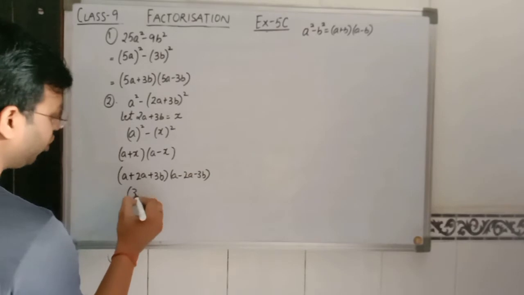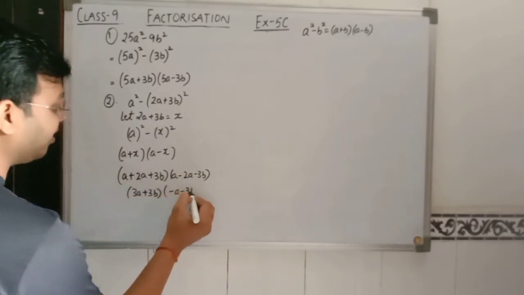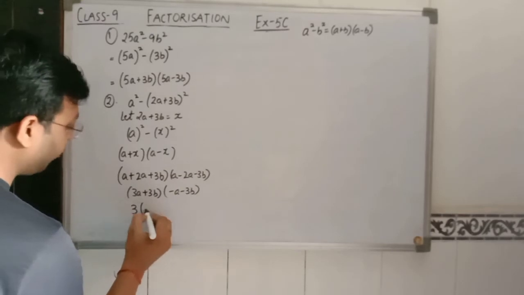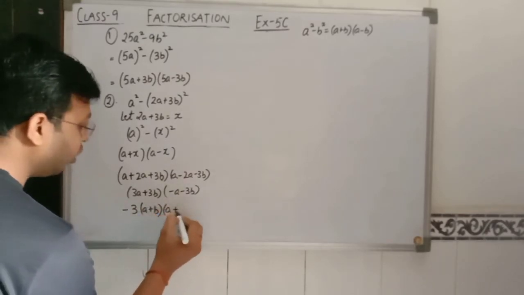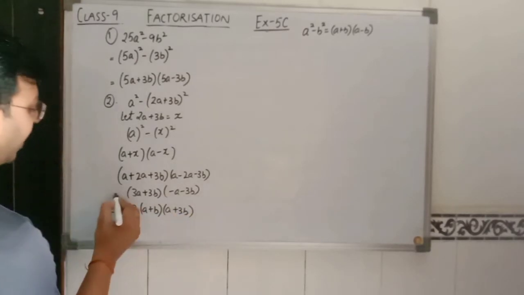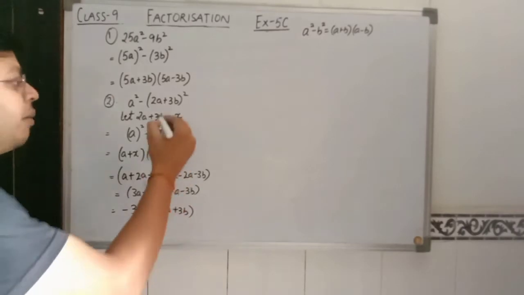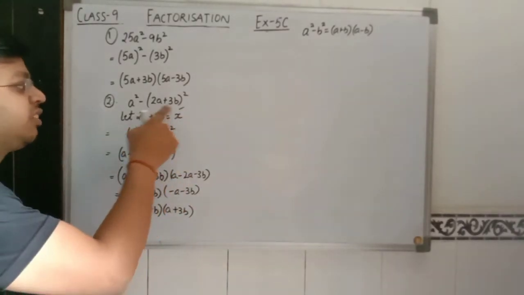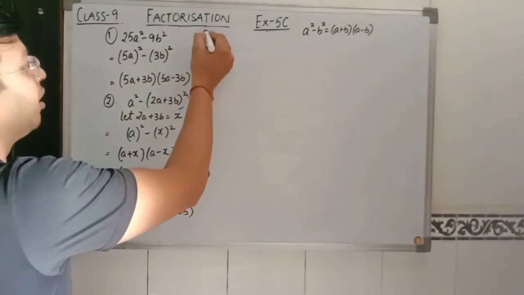So it will become (3a plus 3b) and (minus a minus 3b). We can take 3 common from the first, leaving a plus b, and minus from the second, leaving a plus 3b. So this will be the final answer. In this question also the identity is the same but with a little change, because this term can work as x, so the application of the identity becomes easier.